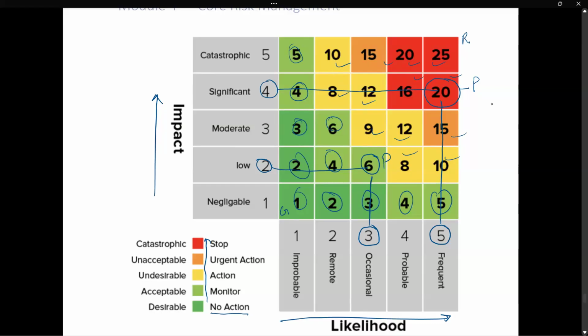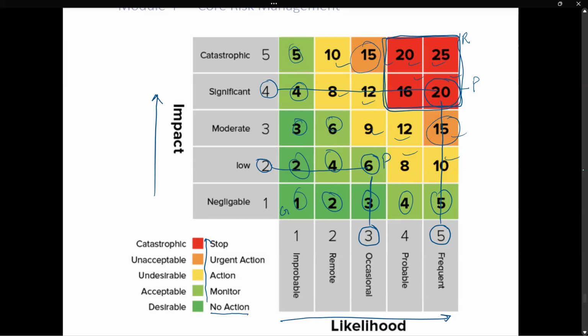Anything in red especially, this particular corner, you have to take care of first, because if these happen, you will have a major data breach. Your organization will face a lot of trouble if you ignore any item falling into this particular corner, and even these also.